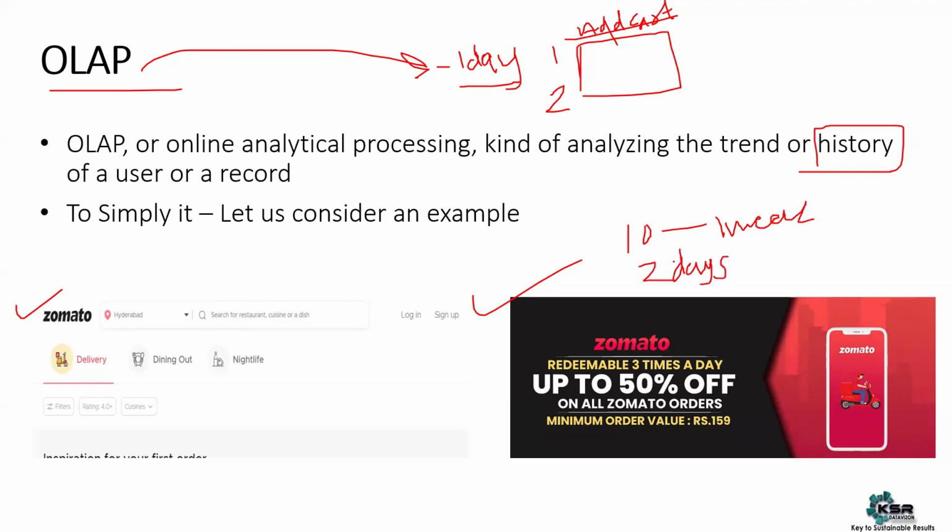Zomato and Swiggy will send you a notification almost every 1 hour that in 1 week you have ordered 10 times, since last 2 days you have not ordered, and they will give you some discounts from so-and-so restaurant. So that's how the analysis is done. Depending on your last 1 week history, they will analyze and recommend you some offers or suggestions. That process is called online analytical processing.